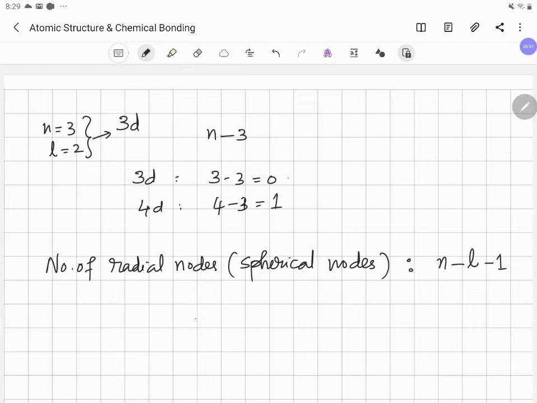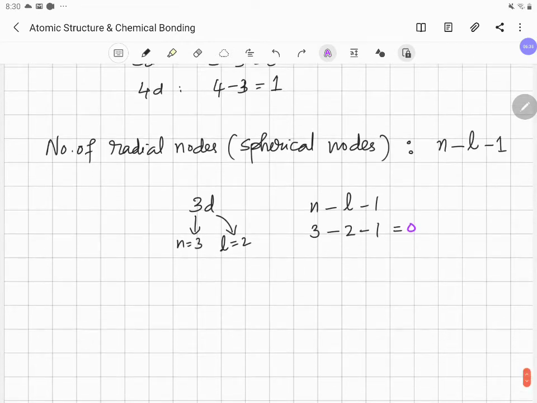Say, for example, for the 3d atomic orbital, n is equal to 3 and for d, l is equal to 2. So n minus l minus 1 means 3 minus 2 minus 1, that is equal to 0. That means there are no radial or spherical nodes for the 3d atomic orbital. This is the equation used for calculating the number of spherical or radial nodes.